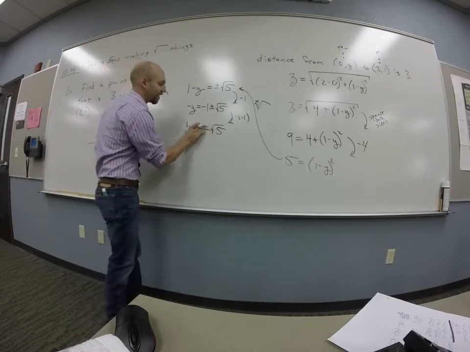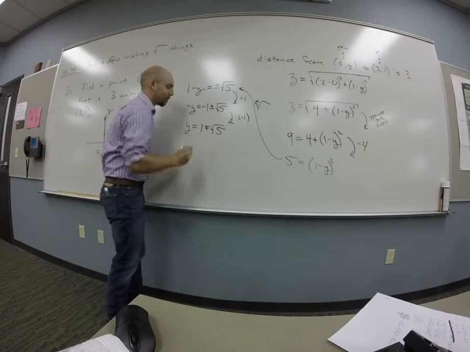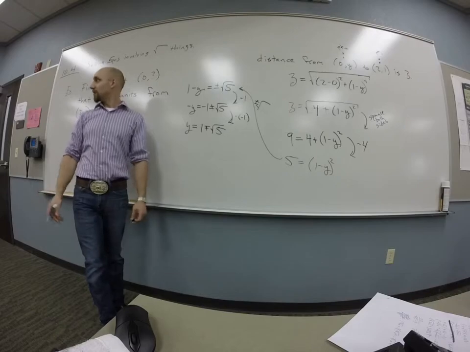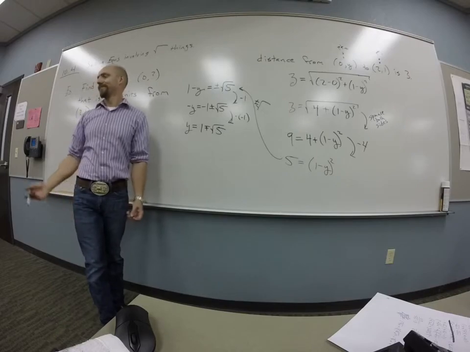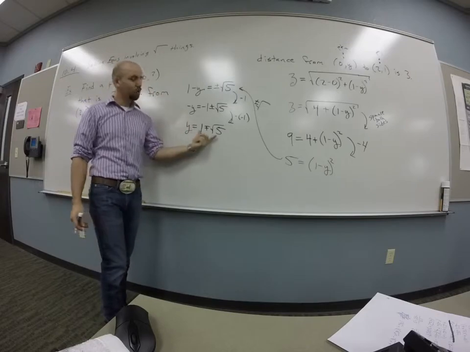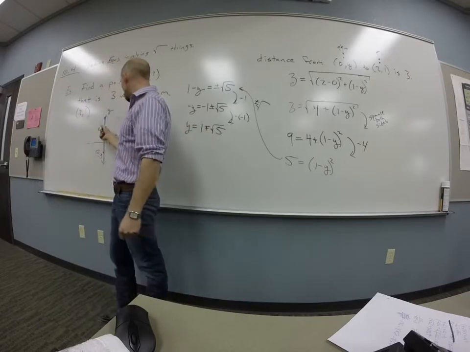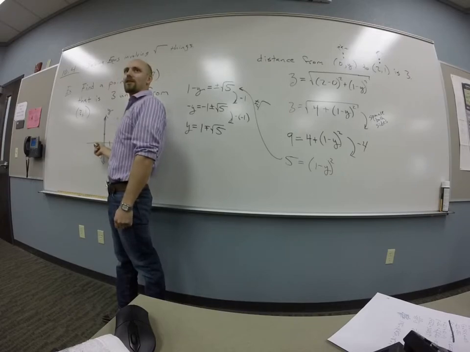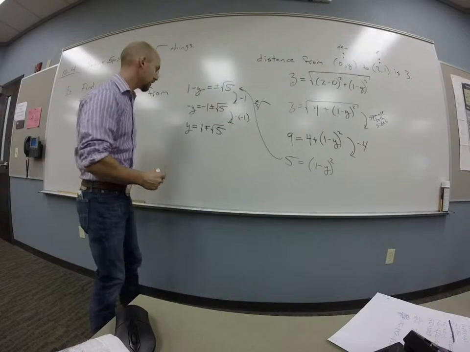Some books will write minus plus, which means the same thing, right? So, oh look, that's cool. That actually got me the 2 points I was kind of looking for, right? Okay, see that? So my answers are 2 points.